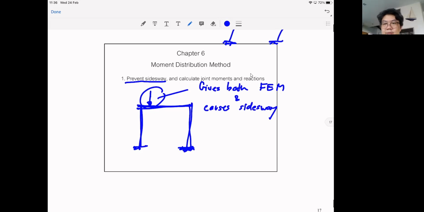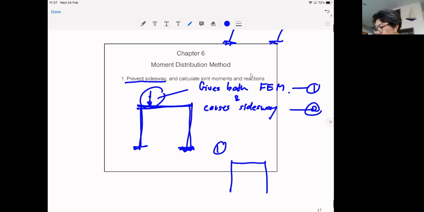So I can categorize the moment caused by this load into two categories. The first is just a typical fixed moment, and the second is the moment coming from side sway. I can easily calculate the first one by preventing the movement like this.